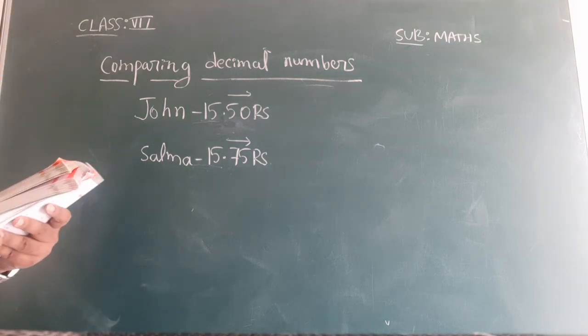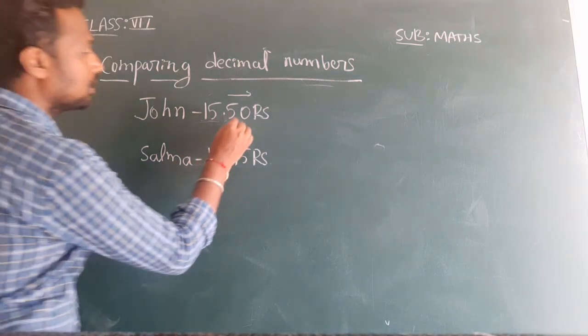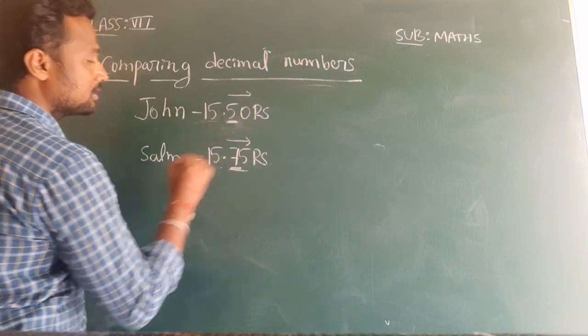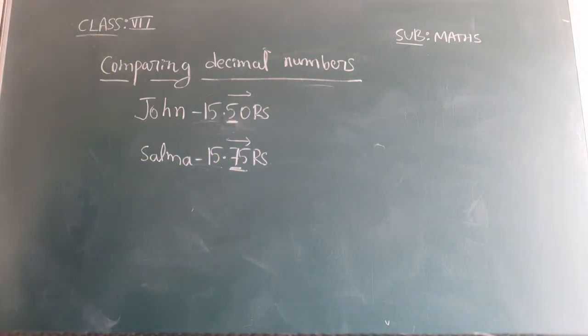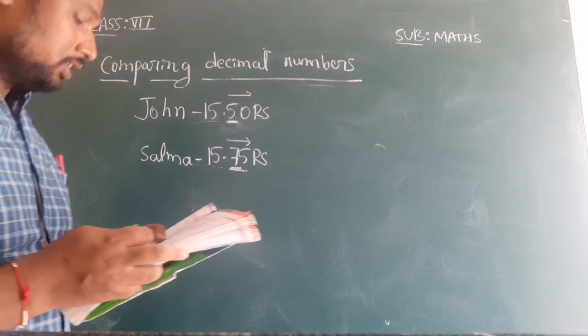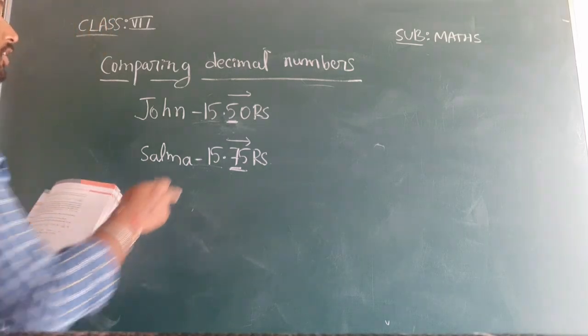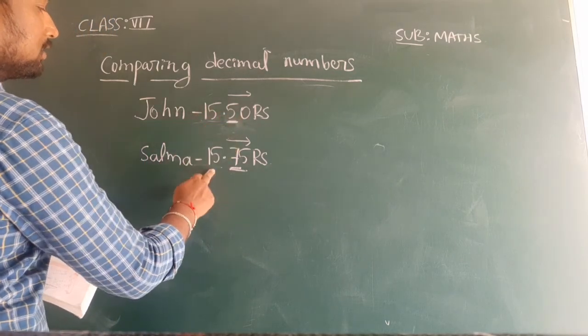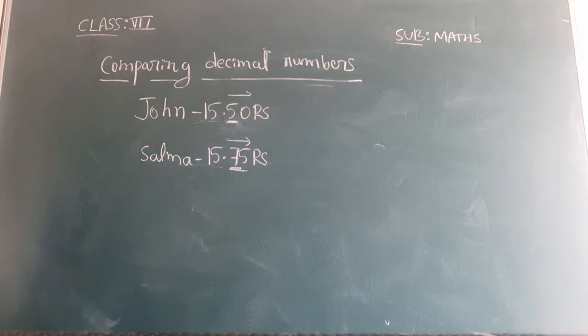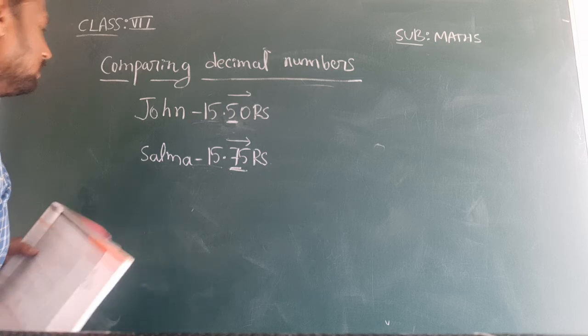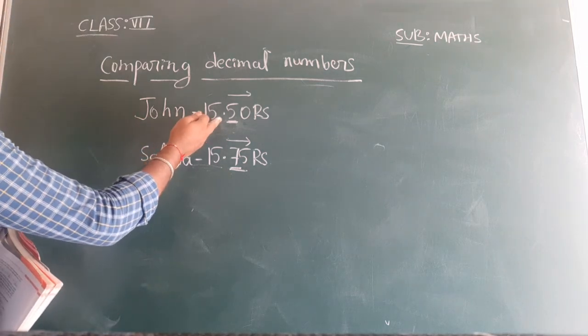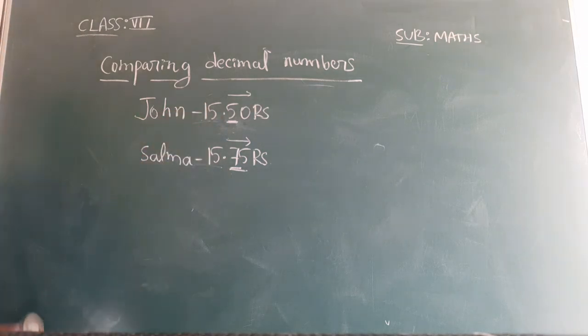So 5 is less than 7. So we say that 15.50 is less than 15.75. Thus, Salma has more money than John.